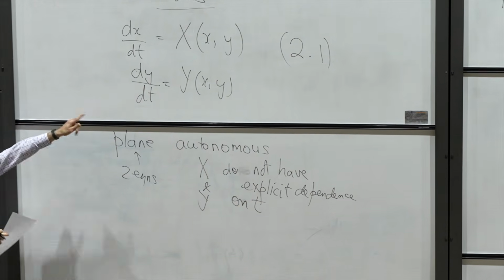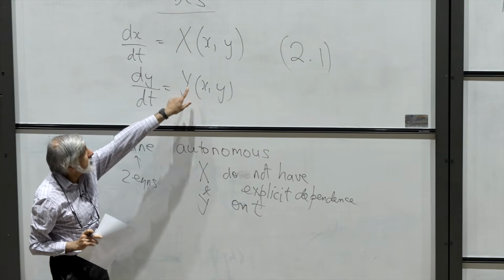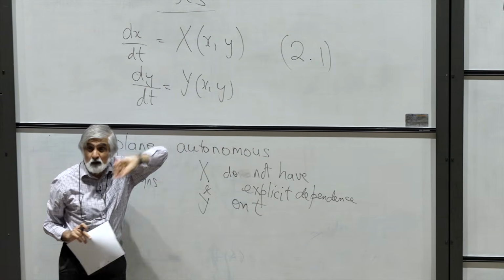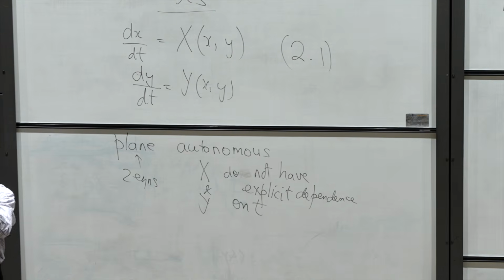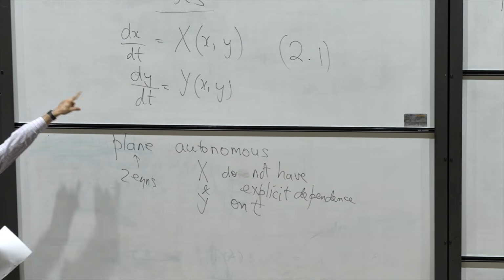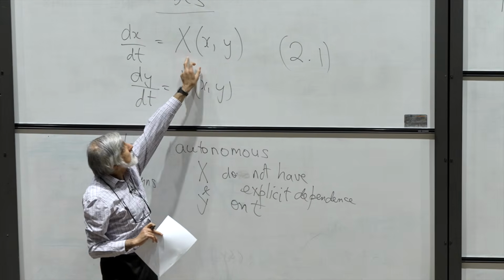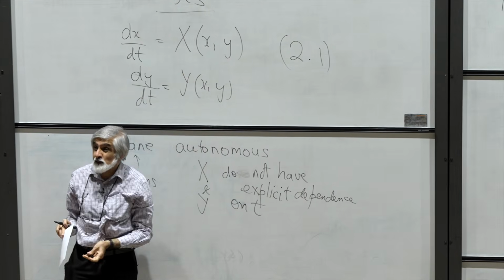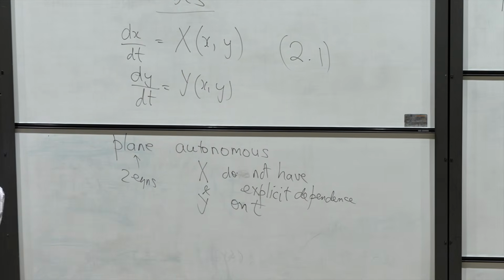Okay, so of course they implicitly depend on t because little x and little y depend on t, but there's no explicit dependence. So for example, X could be x squared plus y squared, but it can't be x squared plus y squared plus t. Okay?